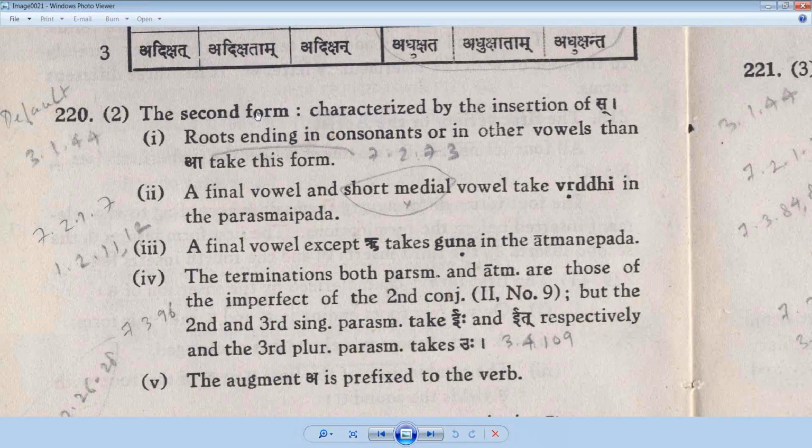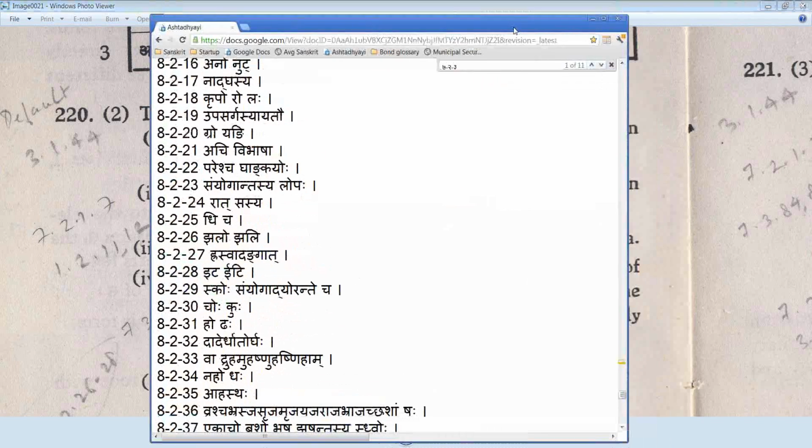Okay. And then it says roots ending in consonants or in vowels other than akaraha. Okay. Now, why has this akara been taken out like that? Because we are going to see a special sutram later on, which we have not studied yet.